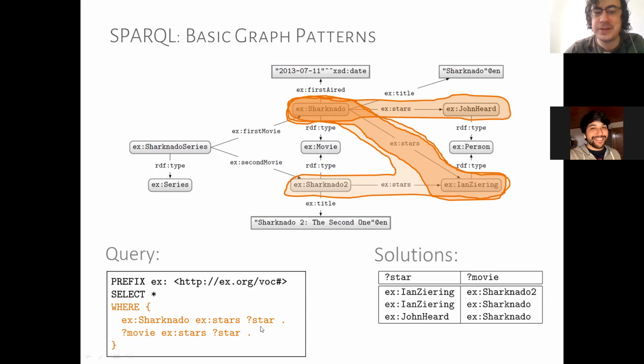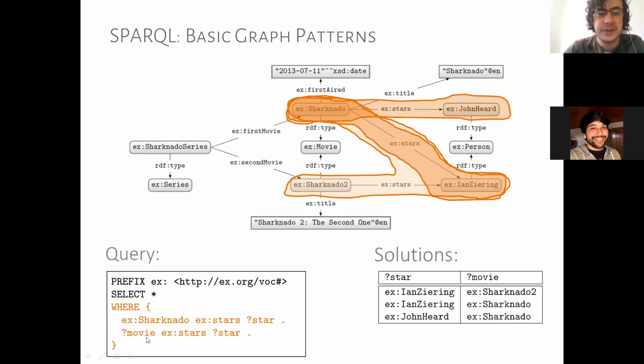So here we fix it to be the stars of Sharknado, which would be John Hurt and Ian Ziering. And then we fix this to John Hurt, for example, and then we can join that with more information. So when we define it in the first line, we fix it to be the stars of Sharknado, and then we can add some more data. Okay, thank you. No worries.